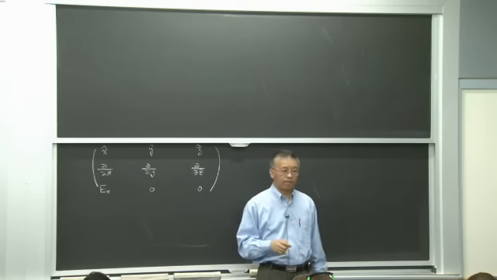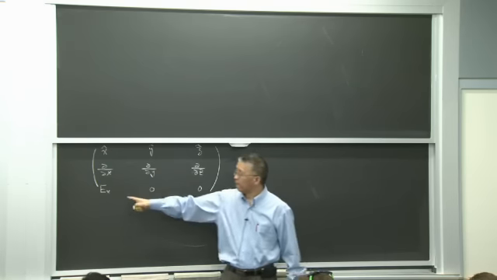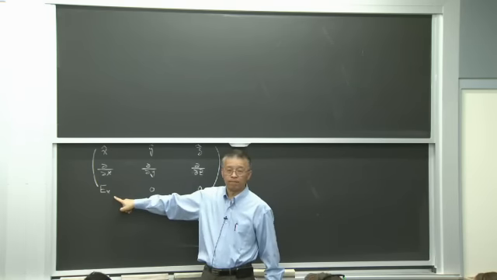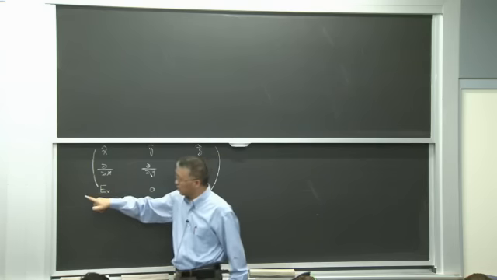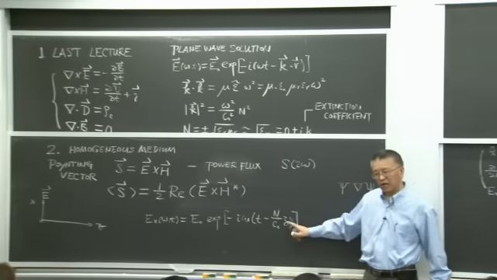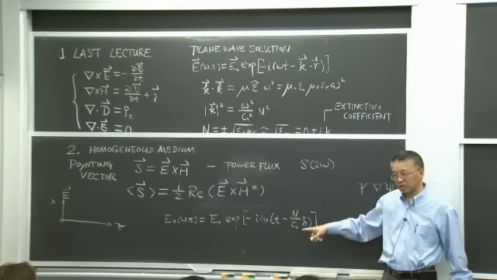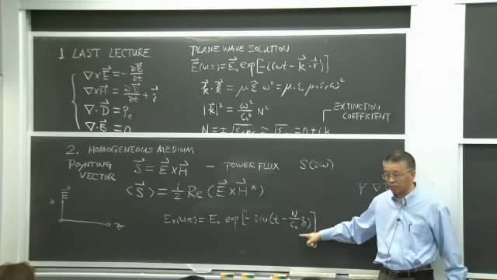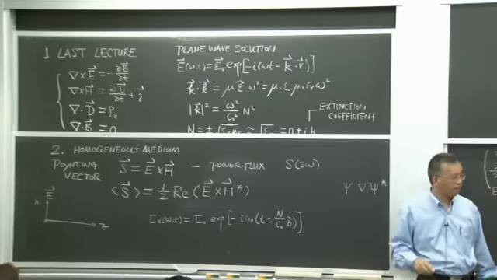That's the left-hand side of the first equation. And the Ex is a function of z. Remember, Ex is just the vector direction. It's not a function of x. It's a function of z. If you look at here.